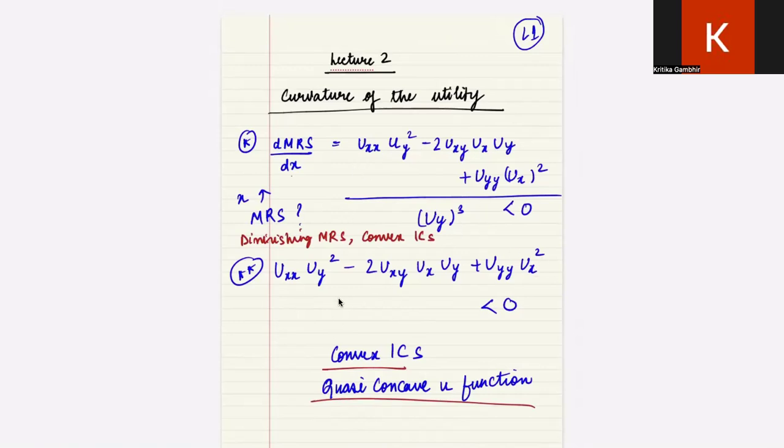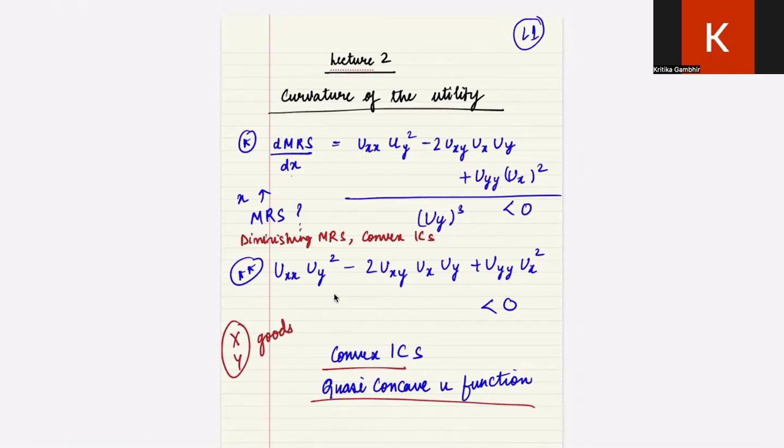So star and double star are two conditions that we use to guess whether MRS is diminishing and ICs are convex to the origin. अगर हम दोनों conditions को closely देखें तो the denominator is same. The only thing that is different is uy, right? In ये वाले term में ये है. So now the thing is, the conditions will not differ when both x and y are goods.